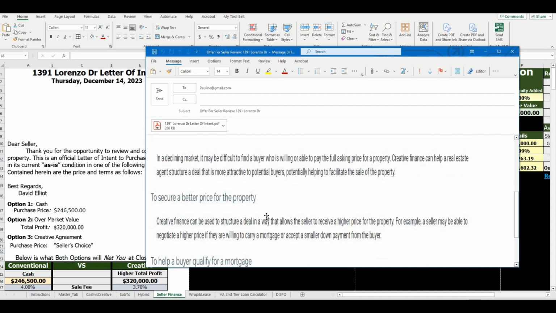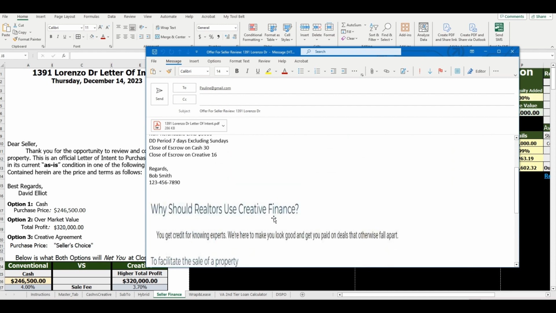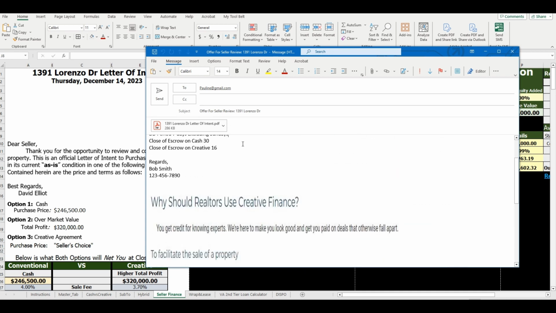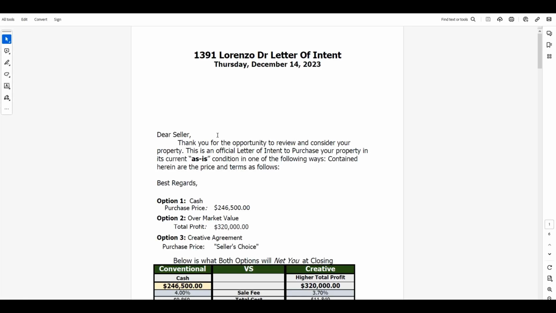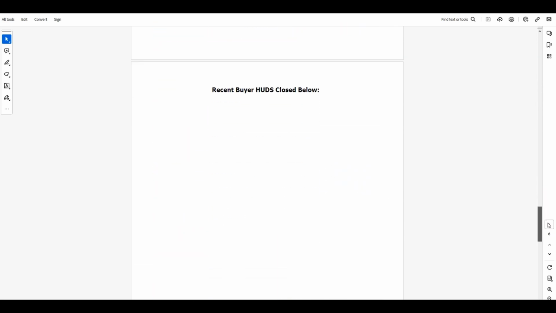You can see how easy that was in terms of just doing the math. And now we're going to be able to send out an LOI within a couple of minutes. Let's open up that PDF real quick, and then we'll go back to our calculator. So everything is here.